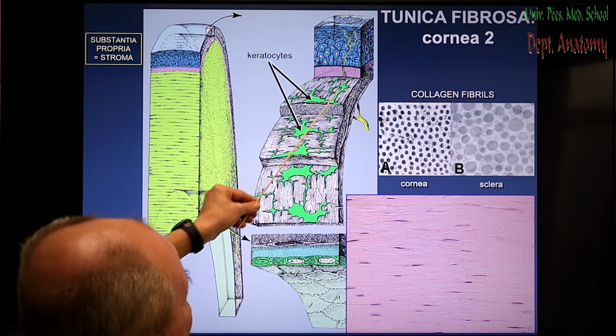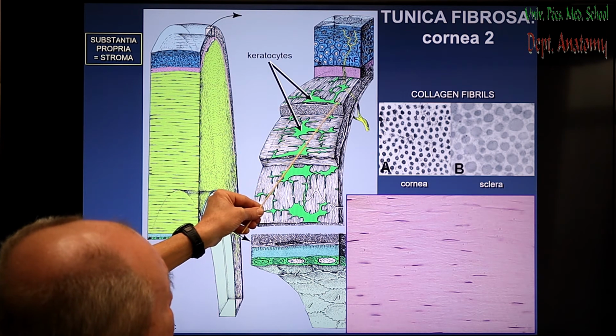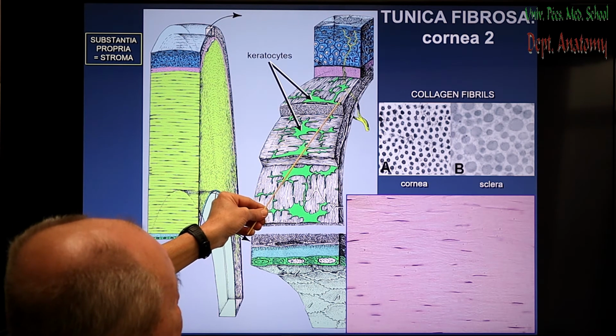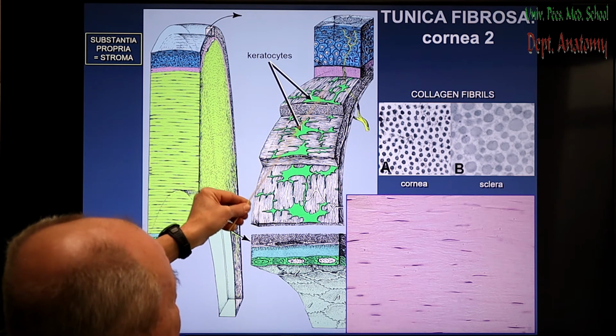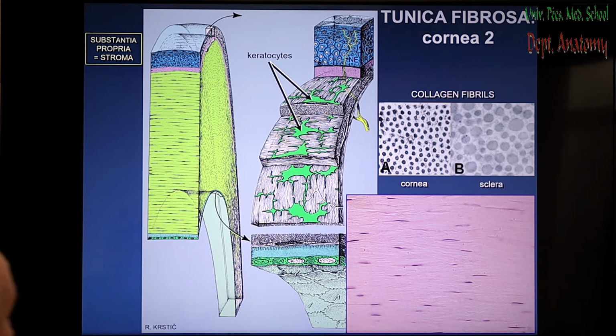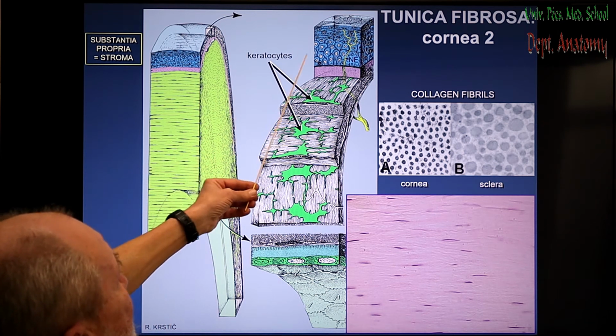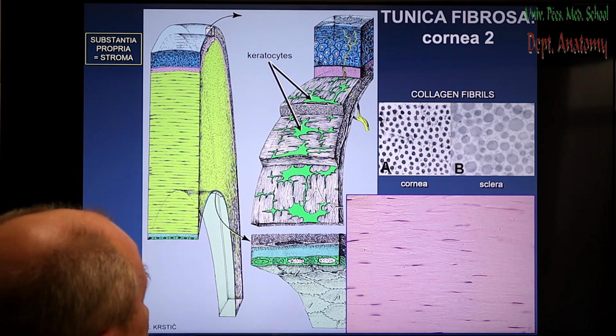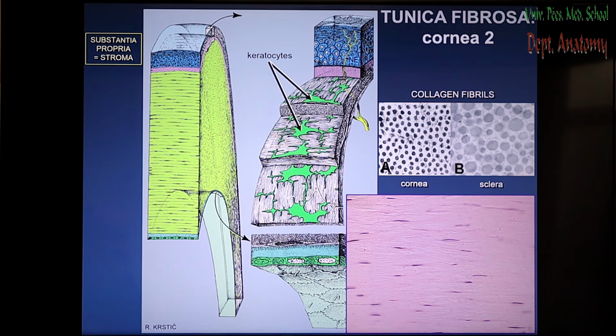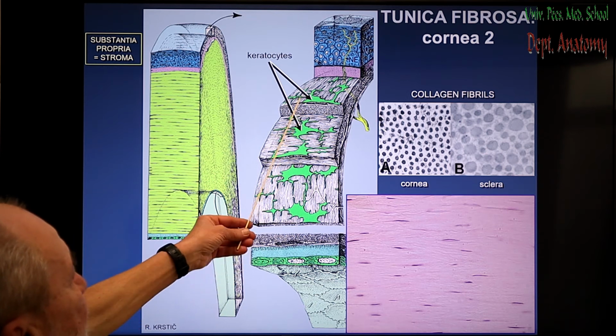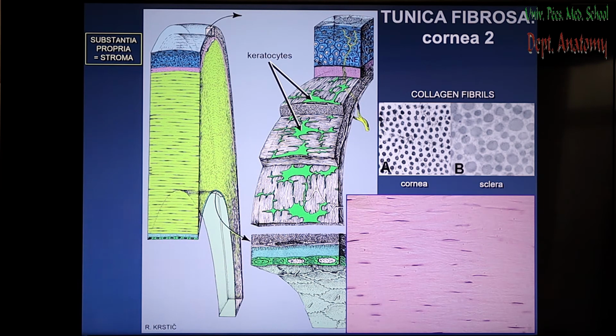So either parallel with the fibers of one of the layers they go, or perpendicular to it. So that is a very unique shape, which is why these cells, these fibrocytes, deserve their own name. These are the keratocytes, and again these serve the transparency of the cornea for the light.